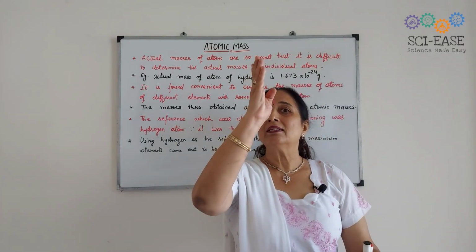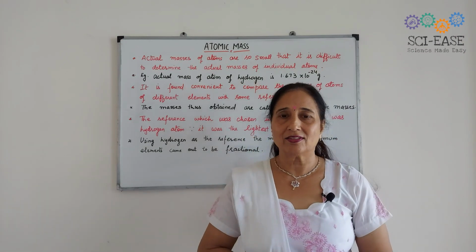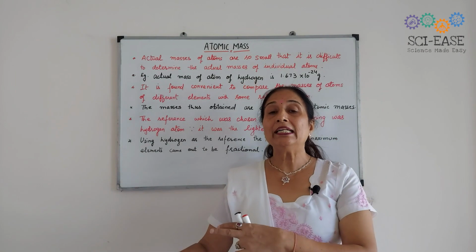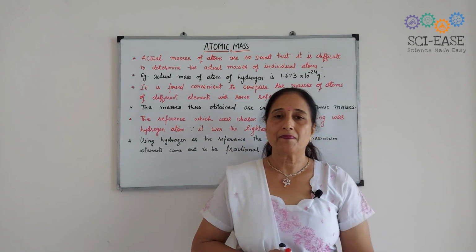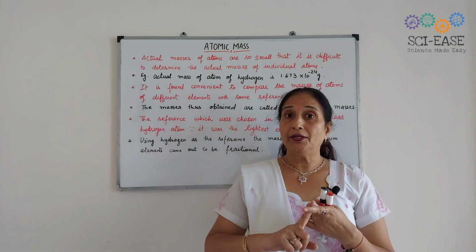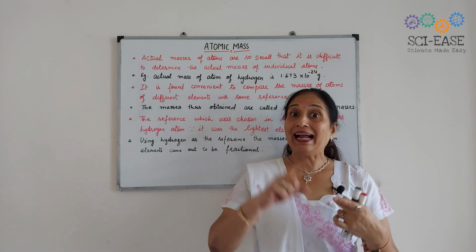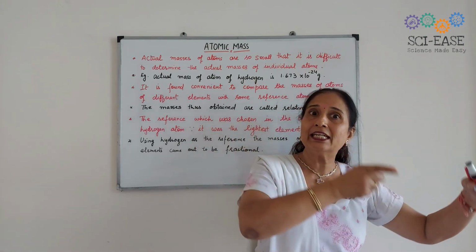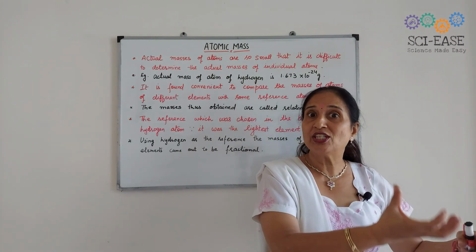Now the needle of the balance is in the center. This means that the onions are 1 kg. What you have gathered from this is that the mass of the onion is relative to the 1 kg weight.